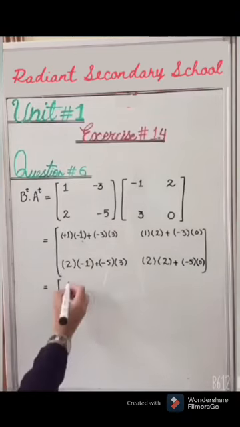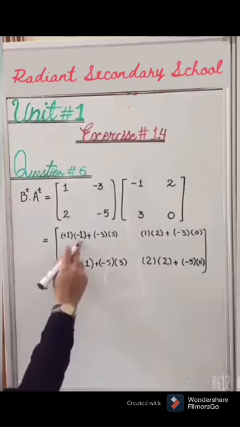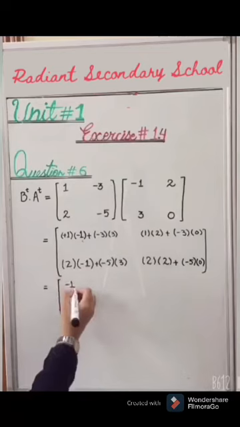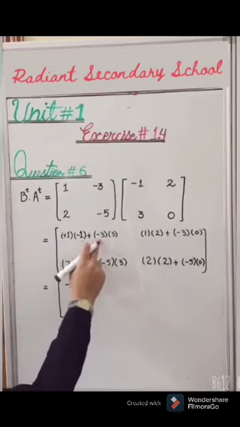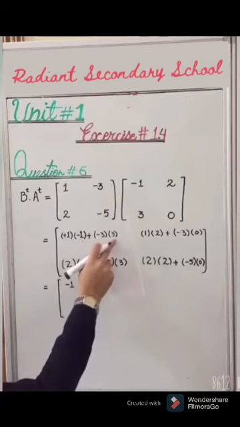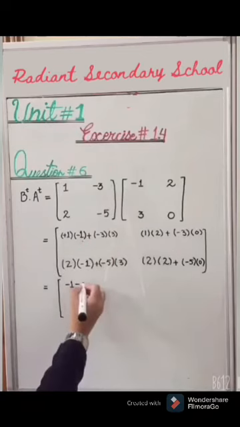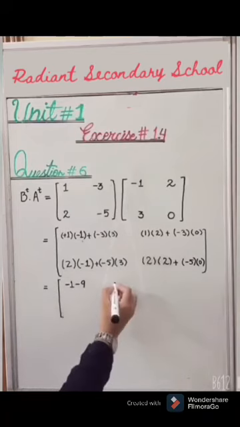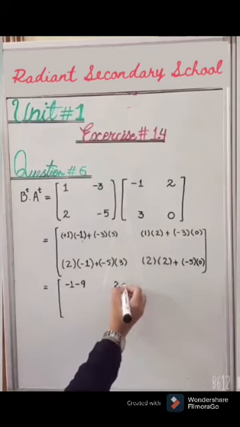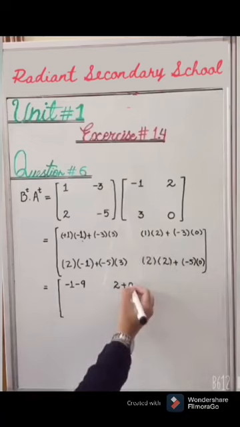Plus minus minus, and 1 multiplied by 1 is equal to 1. Again I have a plus sign here and a minus sign with this. So 3 multiplied by 3 is equal to 9, and we will have a minus sign: minus 1 minus 9. Here we will have 2 plus minus 3 into 0, which will be equal to 0.